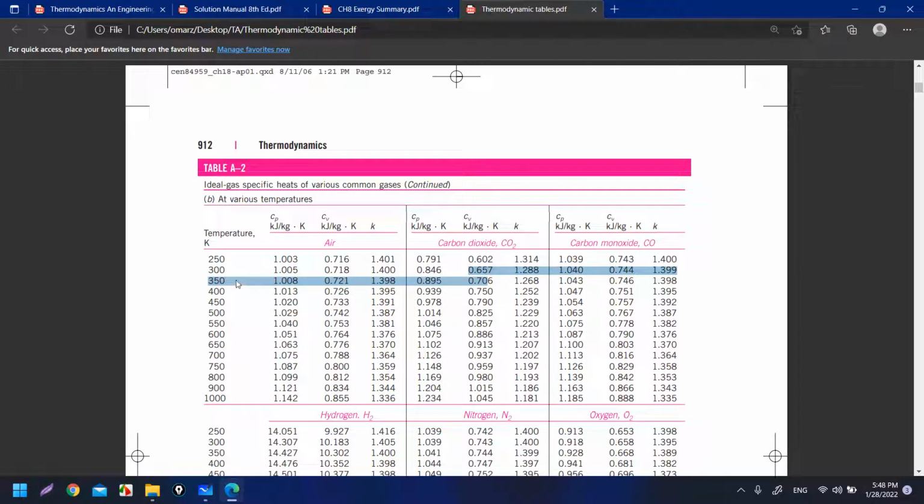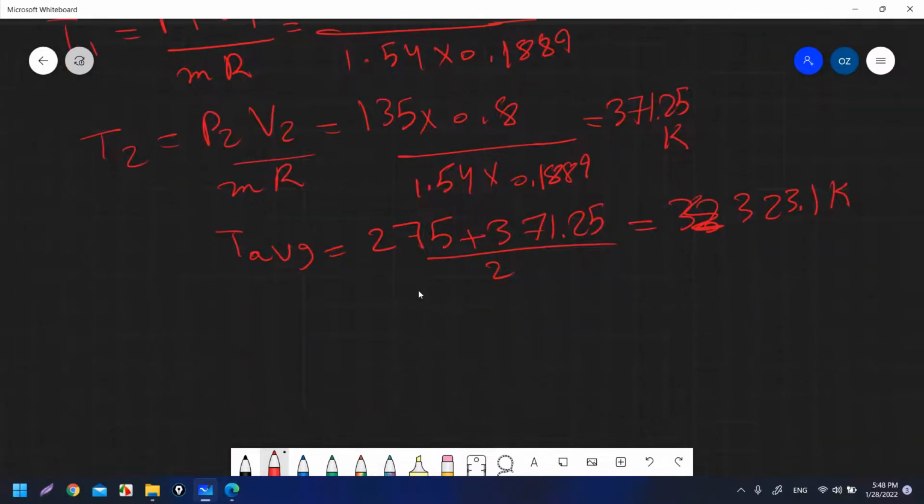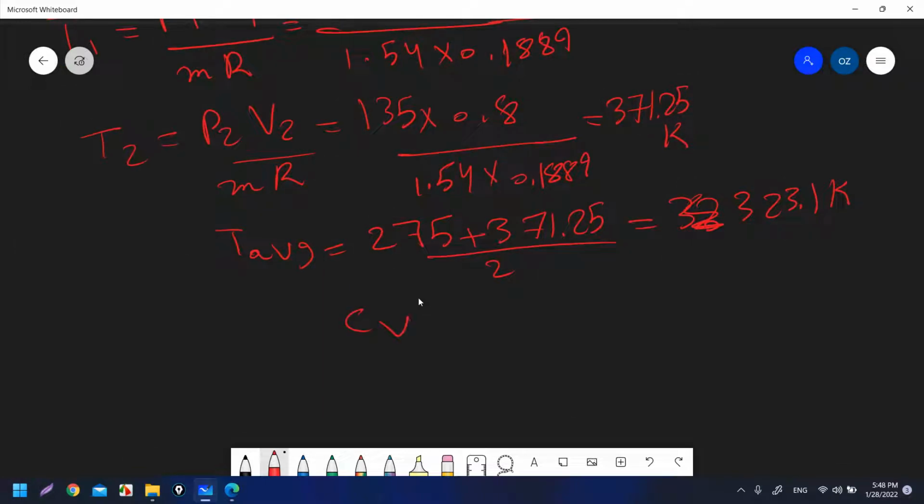It is approximately 325, so we will take the average between these two numbers to find Cv average. If you want, you can also make an interpolation, but just for time, Cv average will be equal to 0.68 kilojoule per kilogram Kelvin. Assume it is exactly in the middle.